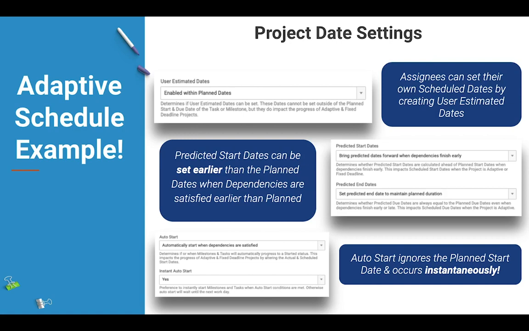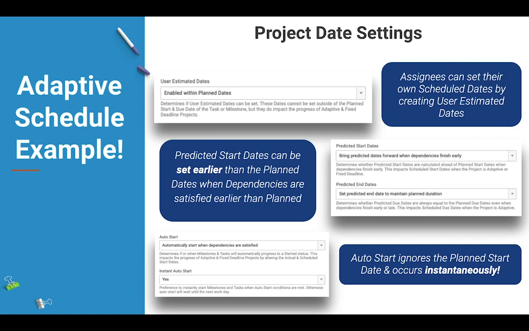And of particular importance here is that the predicted start dates on this project that we're going to watch the video of can actually be predicted and set earlier than the planned dates when those upstream and parent dependencies are moving along faster or more quickly than their planned dates.